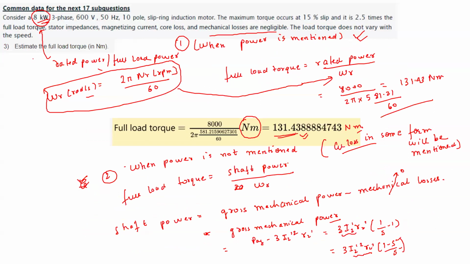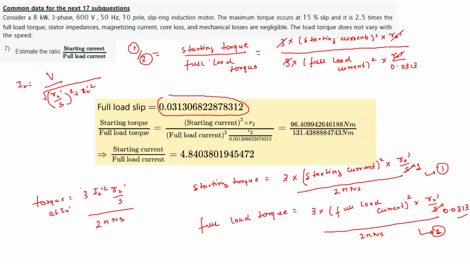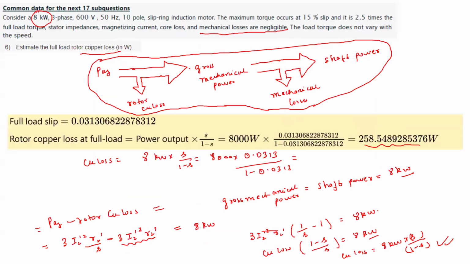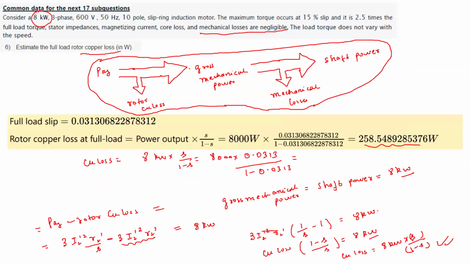So we have to write these values. So this is equal to 96.41 divided by the full load torque, 131.43.